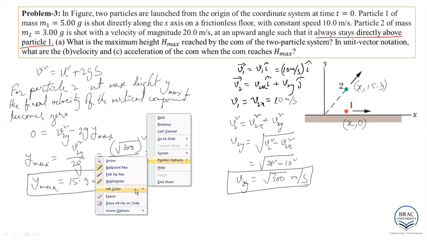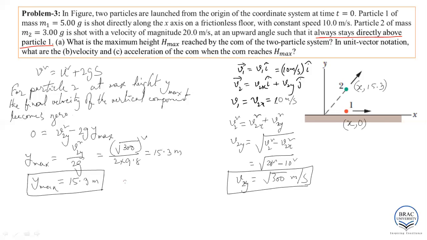Here x COM is equal to M1 into x plus M2 into x, divided by M1 plus M2.